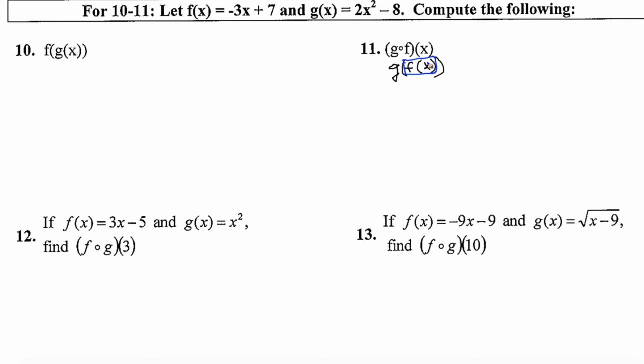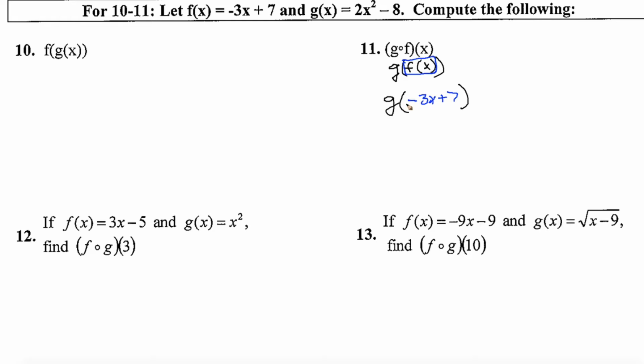We're not replacing x with anything. We're replacing x with x. So we just rewrite that, giving us g of, what is f of x? Negative 3x plus 7. So now we took f of x and put it right in for, replace that, and rewrote the rest of it.